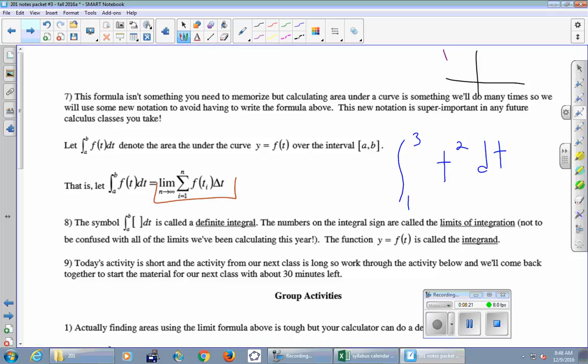I know what t squared looks like. It's this. So the area under t squared, but then from 1 to 3, t equals 1 to t equals 3. So this space right in here. Whatever the area of that particular region is, that's what we're talking about with all of these symbols here, okay?